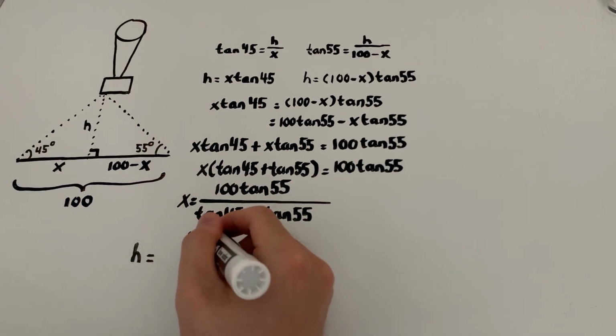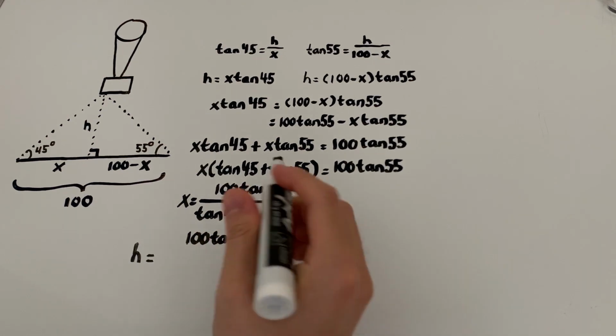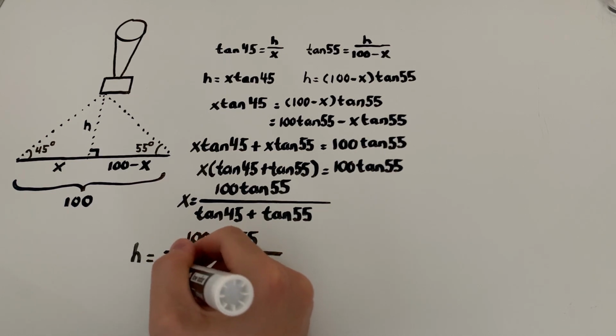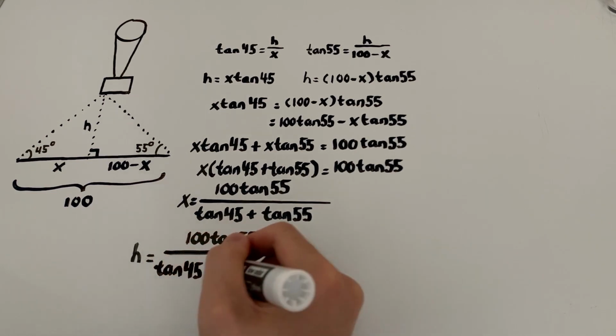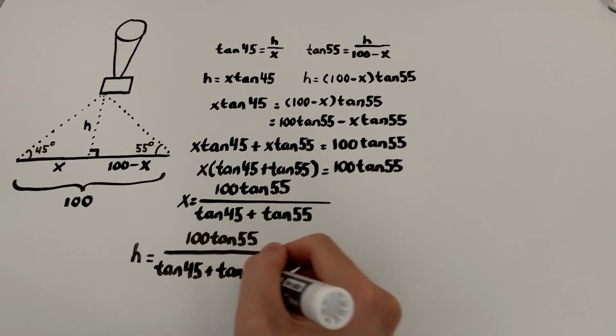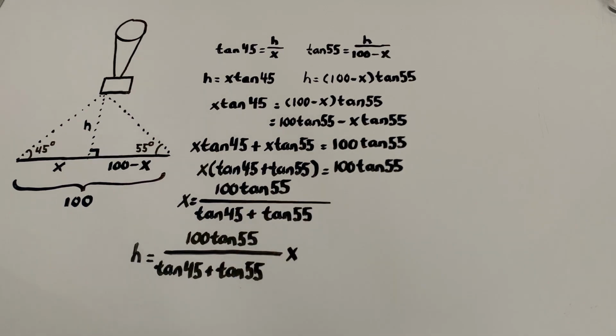So it's going to be x, which is this expression, multiplied by tan 45.